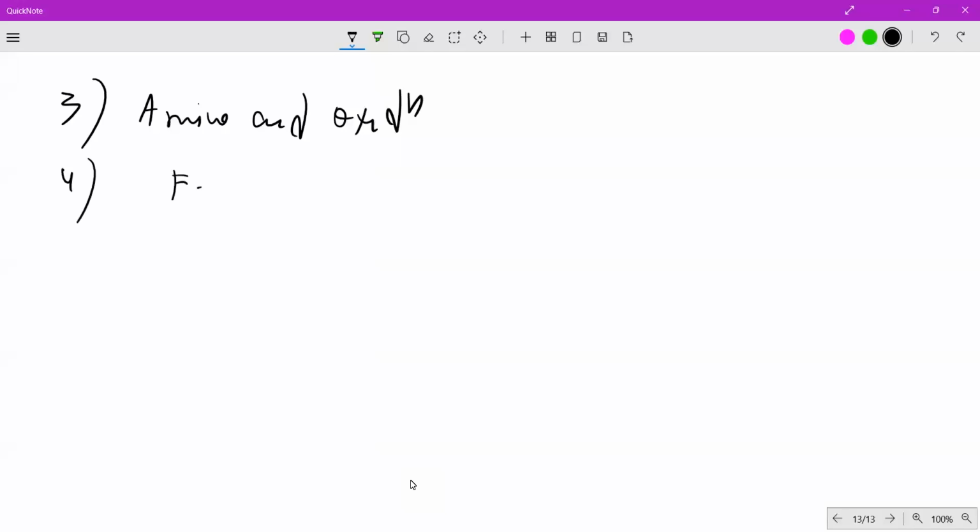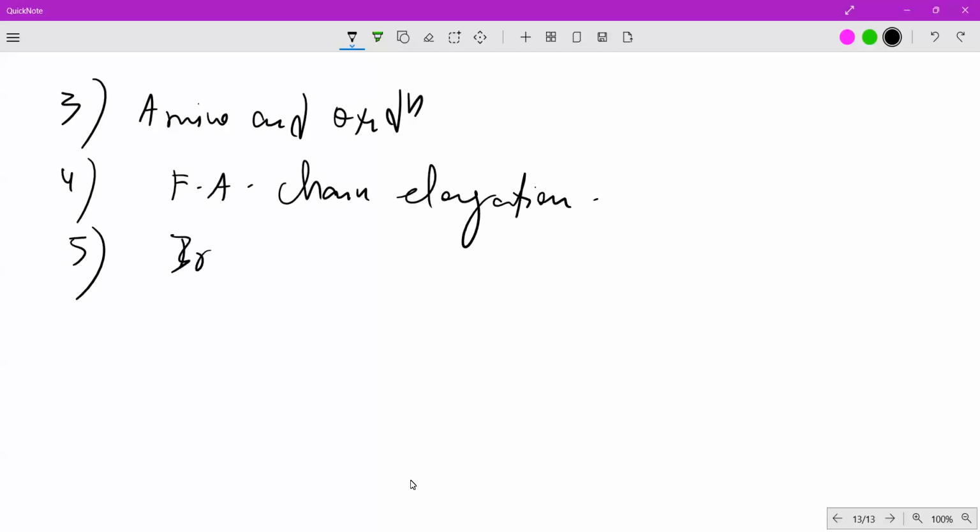Some other functions of mitochondria. We also have amino acid oxidation. Mitochondria is also involved in fatty acid chain elongation. Mitochondria is also involved in the breakdown of tryptophan.